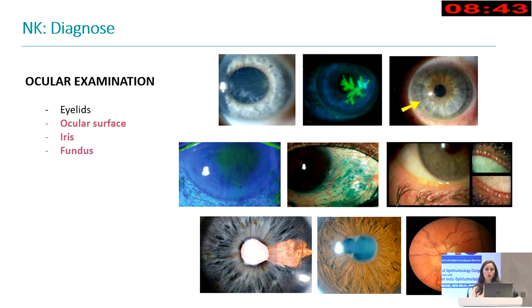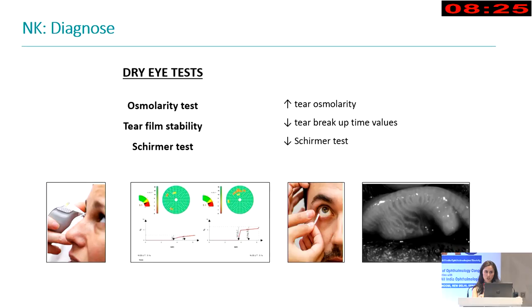Of course, we will look at the iris to check if there are areas of atrophy that make us think of herpes infections, and very important also to check the fundus to check if we have a diabetic retinopathy or a papilledema that make us think of brain alterations.